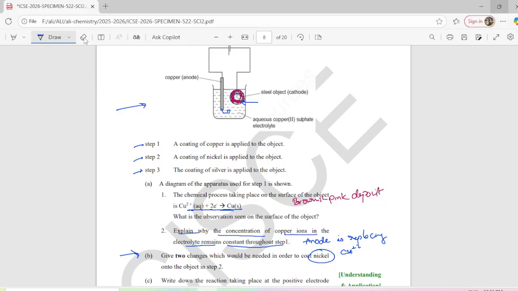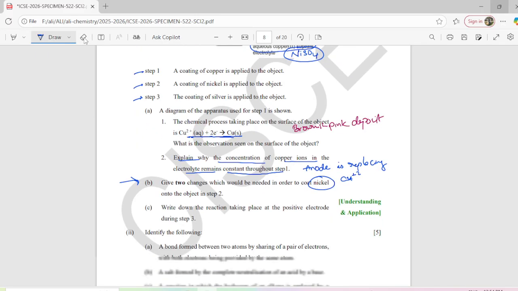Right. So first of all, you have to change the anode to nickel metal, because you need to deposit nickel on the object. And second, the electrolyte must be made of nickel sulfate. So these 2 changes are compulsory to have a nickel coating on the object.